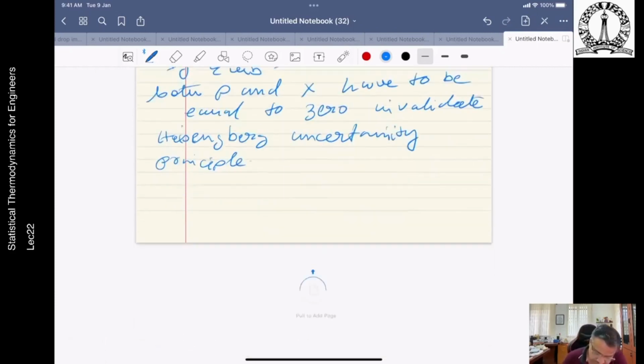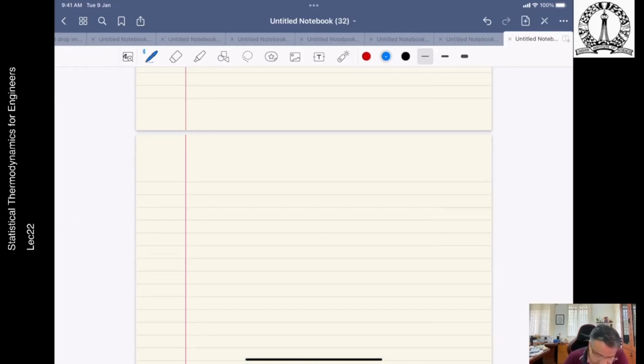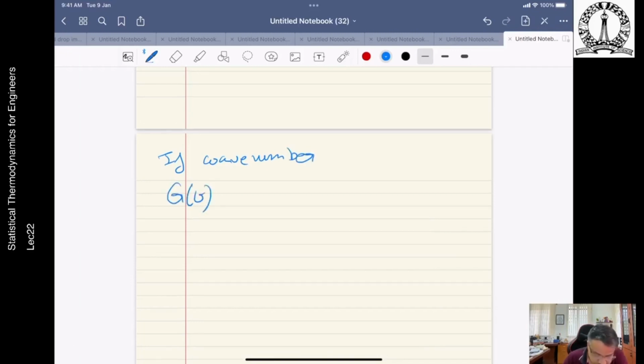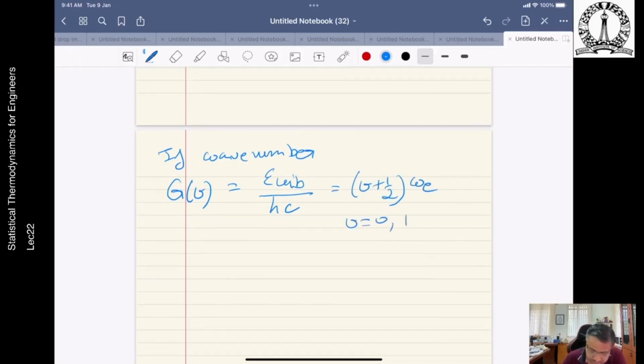So now, going to the next page, in wave number space, let's put it as G vibrational divided by h c, that is equal to (v plus half) into omega e, with v equal to once again 0, 1, 2, and so on.